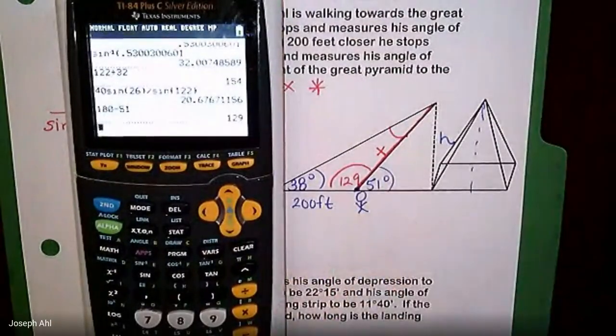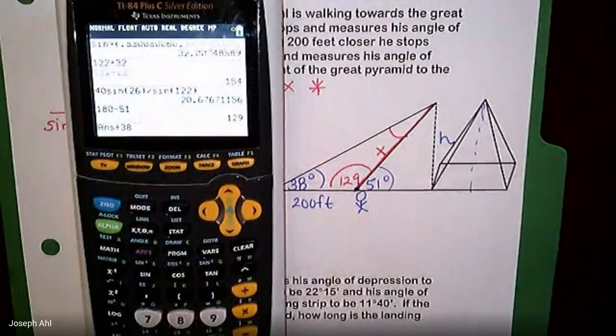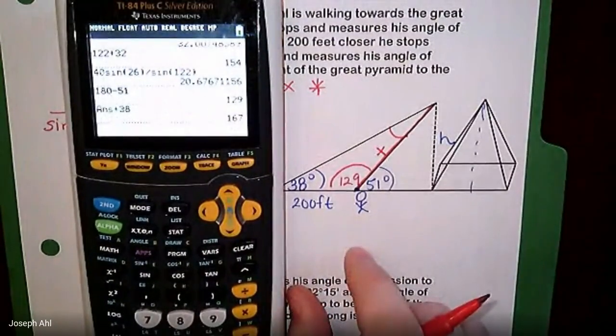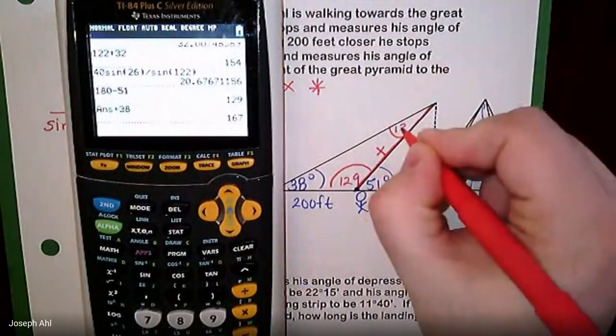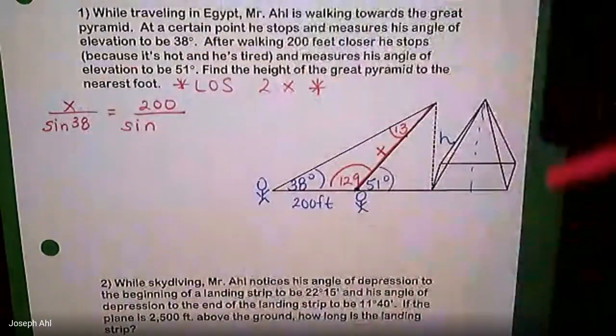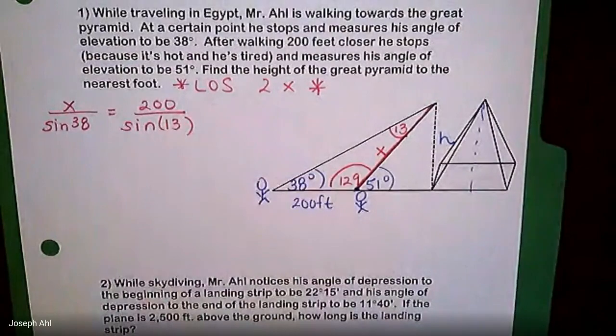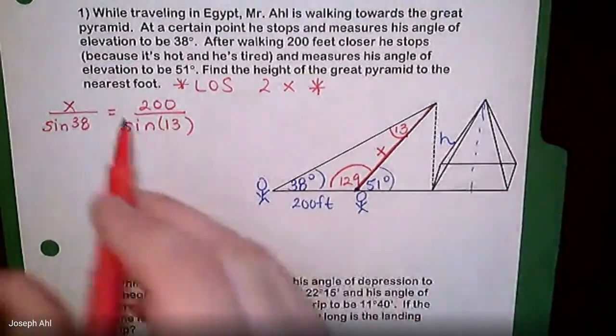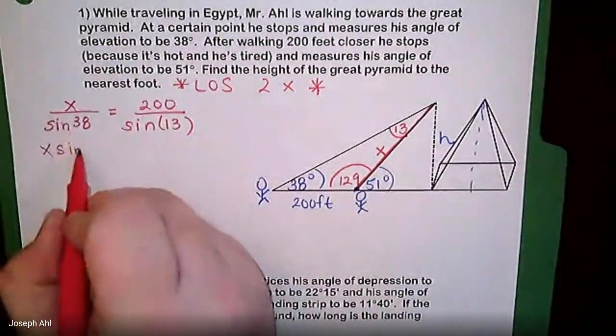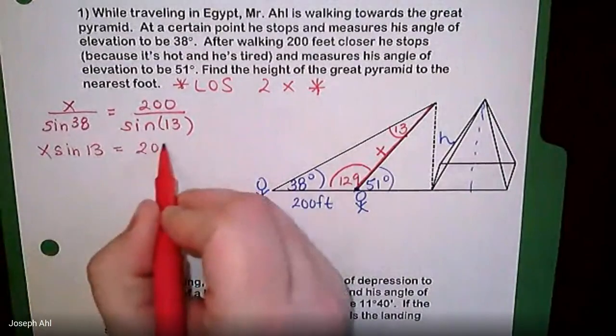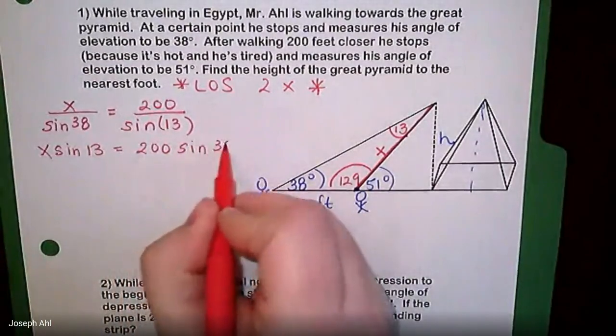That is 129. And if I add that to 38, the other angle, it's a total of 167. So subtracting that from 180 gets you the last angle of 13. So that is the angle that you need if you're going to use law of sines here. So then we're going to cross multiply: x sine 13 equals 200 sine 38.